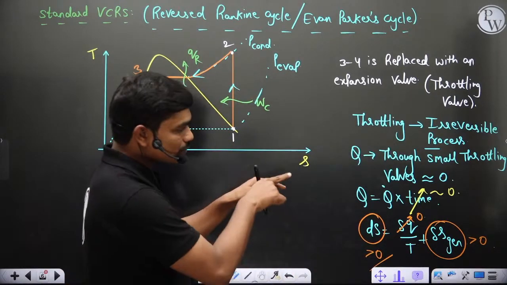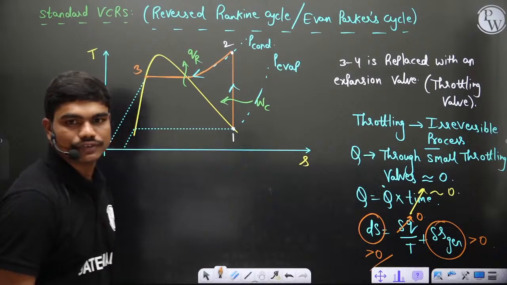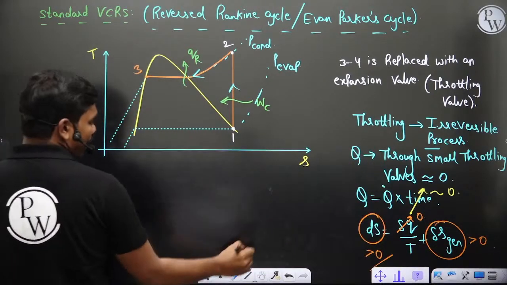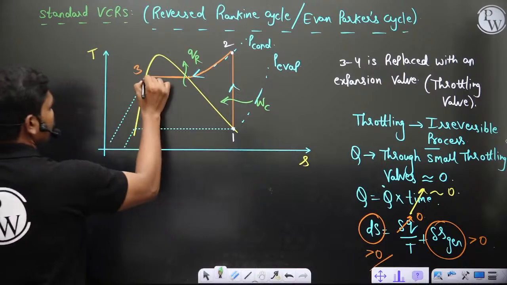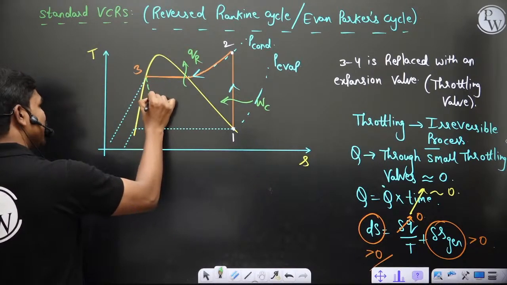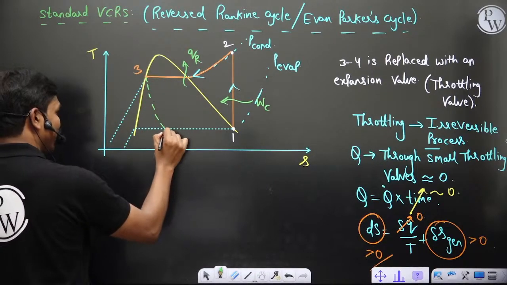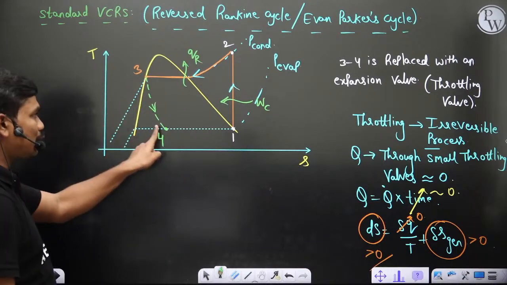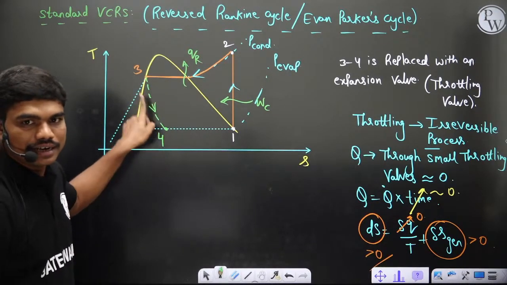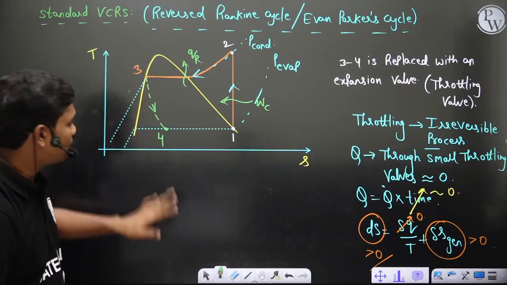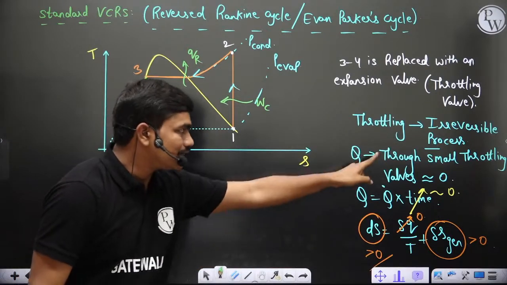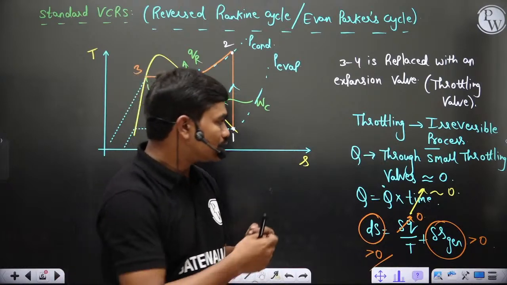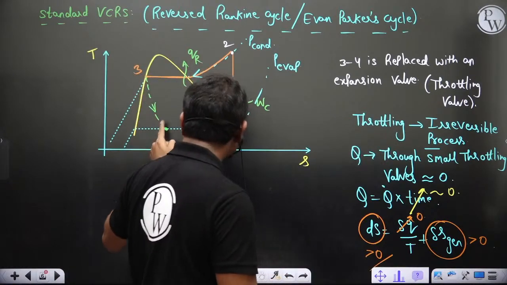We know an irreversible process is denoted with a dotted line. So this starts here, and instead of isentropic expansion, the fluid expands irreversibly to some point here. This is 4. This process should not be shown with a straight line, only with a dotted line, because the process is clearly irreversible and not quasi-static, so we don't know the intermediate states.